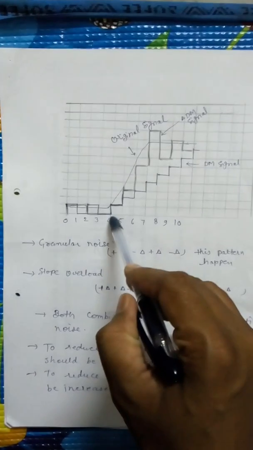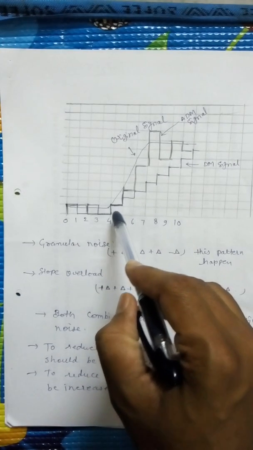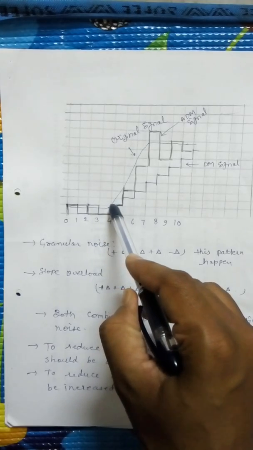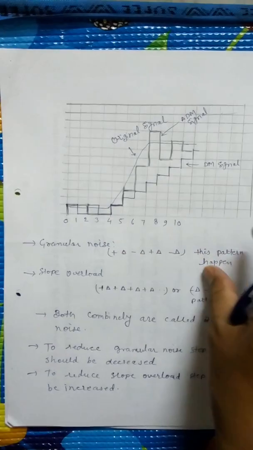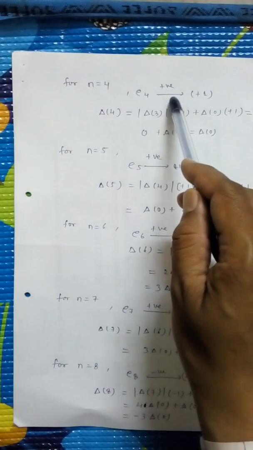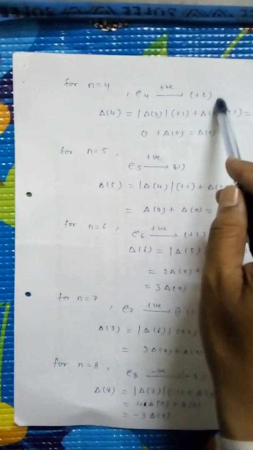We observe that our approximated signal is less than our message signal, so the error will be positive, and if the error is positive, then plus 1 is transmitted.